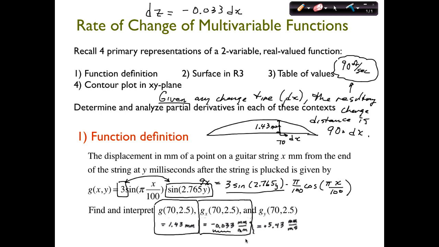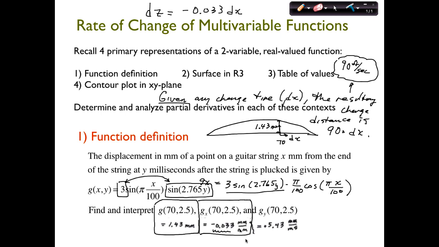So at a displacement of 70 millimeters. Well, x is not displacement. That's the distance from the end of the string. Z is the displacement, the output of the function. You're right. So at 70 millimeters from the end of the string, your displacement at 2.5 seconds is 5.43.